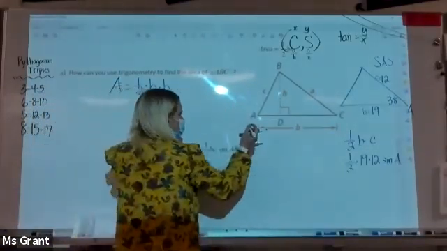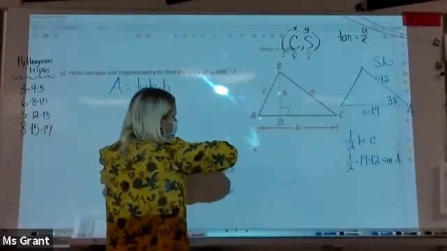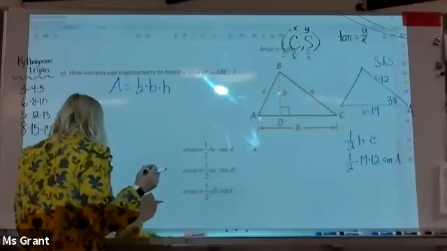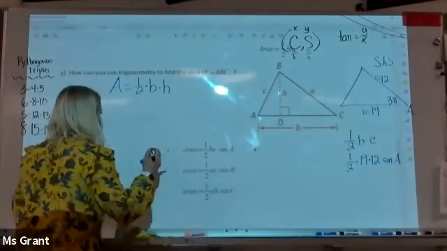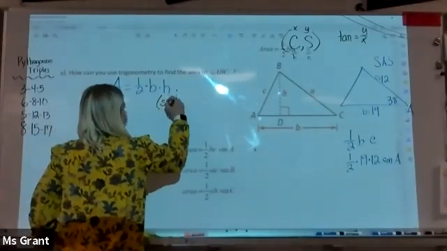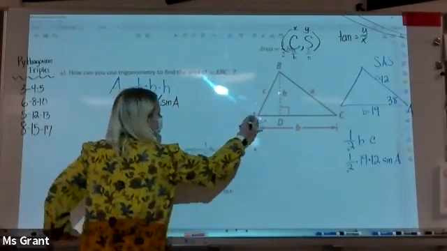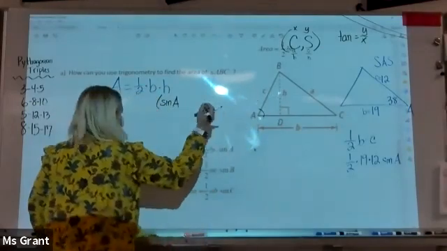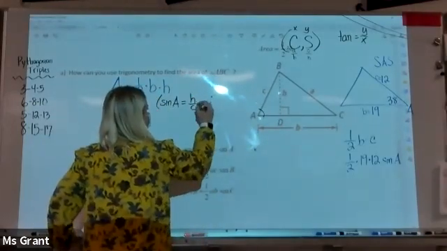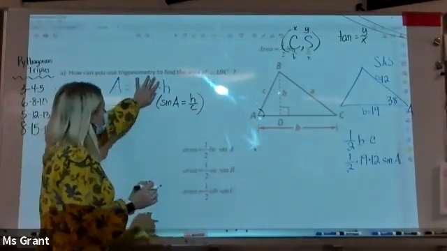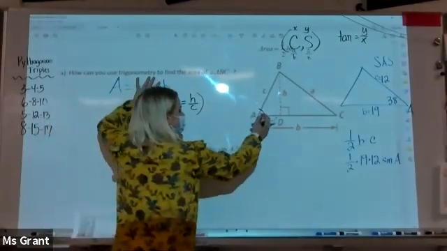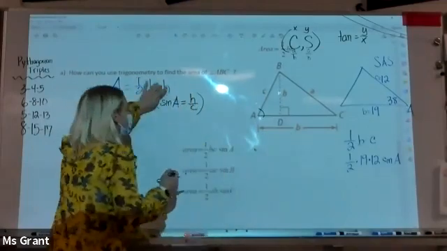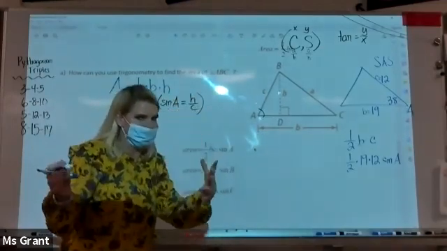For this triangle, instead of height, I can do sine of angle A equals opposite over hypotenuse. This is just for the height, right? H over C. But remember, I don't know the height.